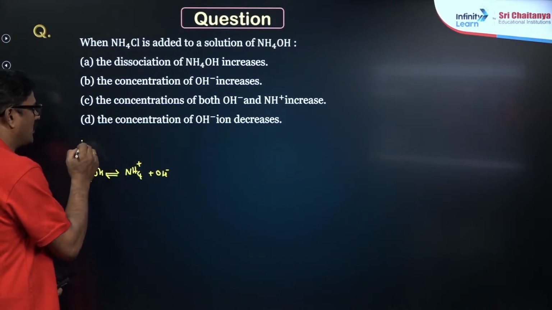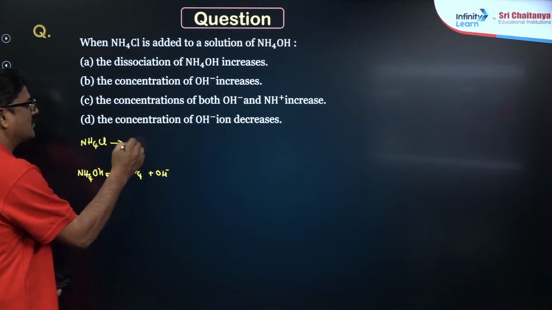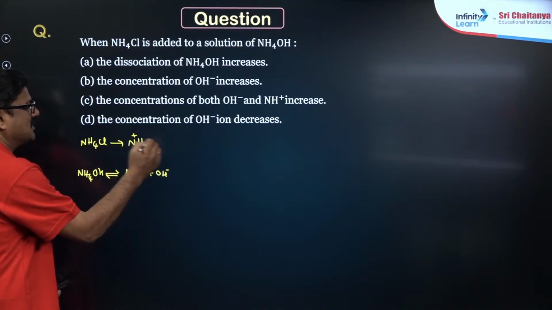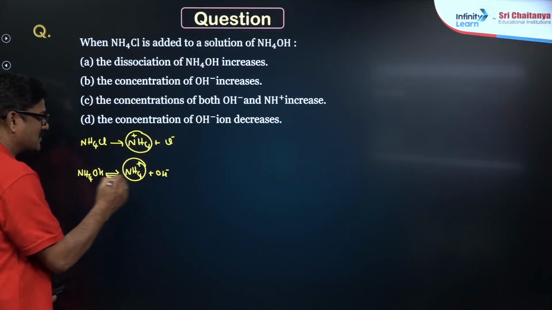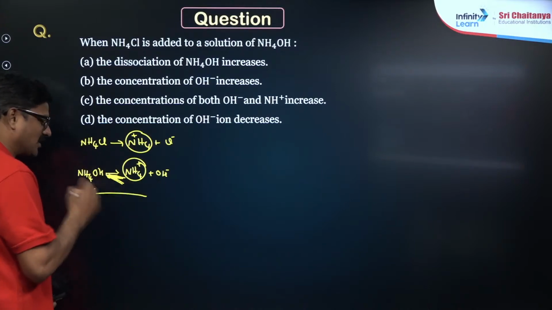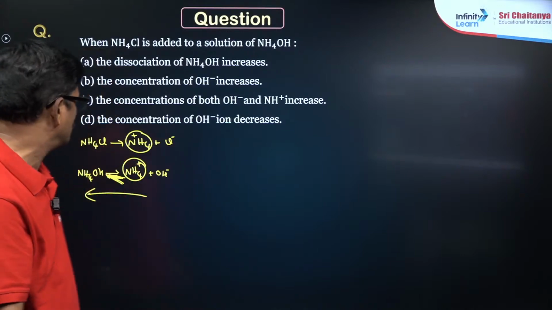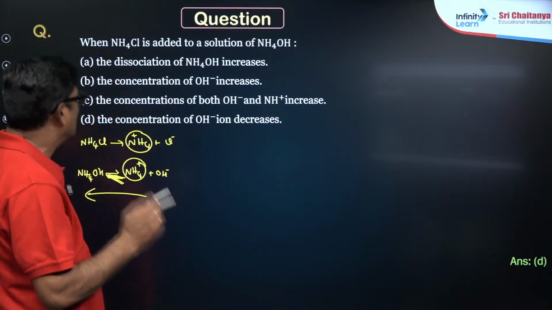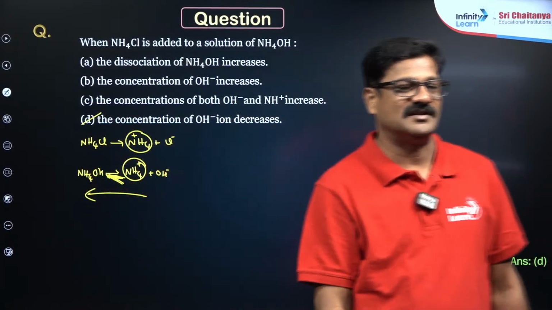So due to common ion effect, if you add NH4Cl, it is going to give rise to NH4 plus and Cl minus. This NH4 plus suppresses the ionization, so that the equilibrium goes in the backward direction, so it is going to be option D, the concentration of OH minus ion decreases.